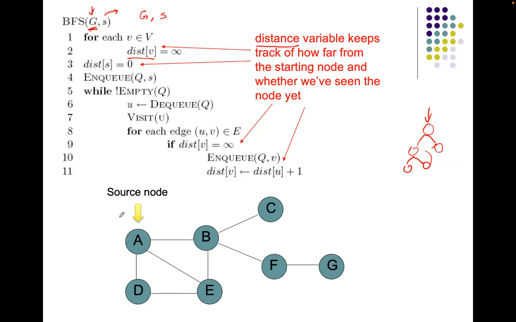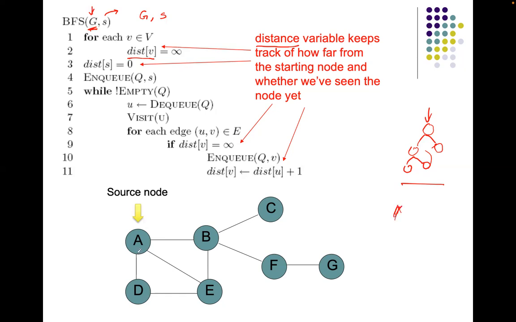This is also different from a tree, because in a graph we can have a cycle. Starting from node A, we can visit B, E, and D. But when we are at node E, we can also visit A again. We do not want to visit a node more than once.